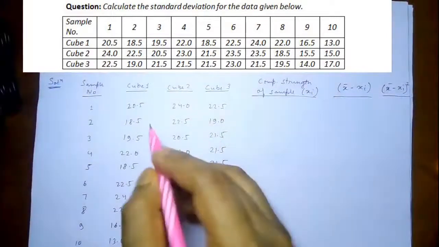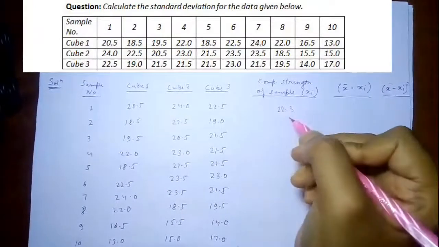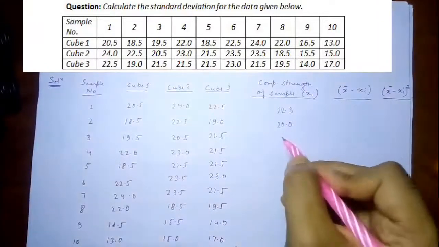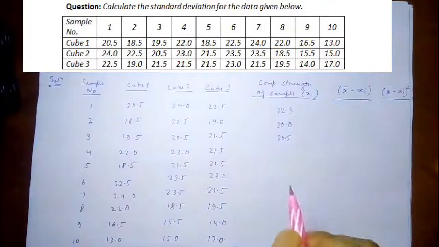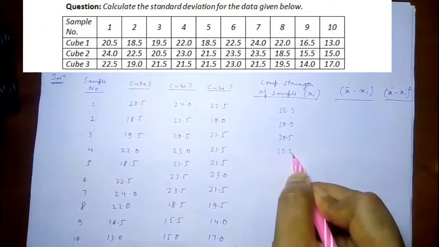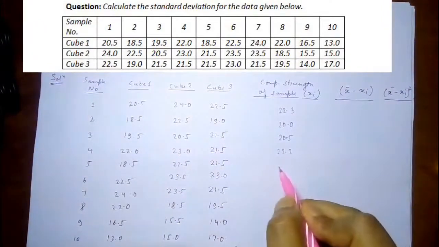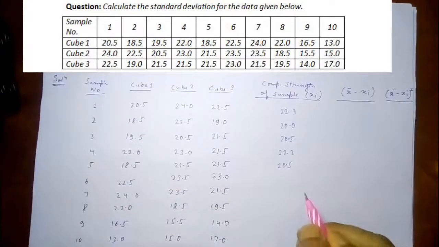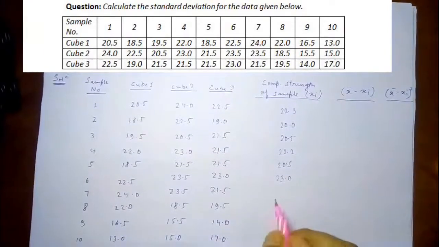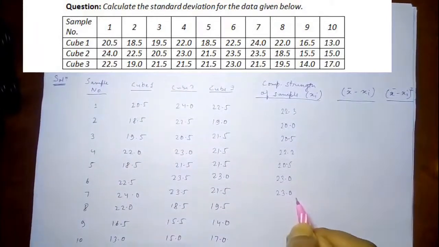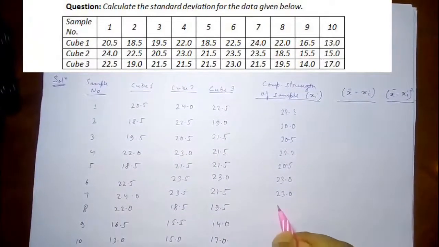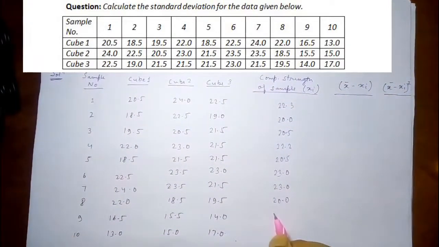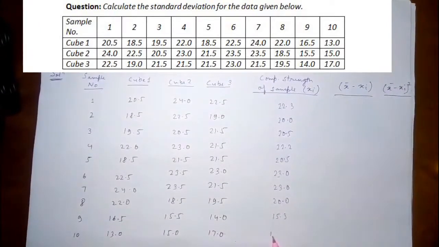So for the first one it will be 22.3, for the second one it is 20, the third one it is 20.5, fourth it is 22.2, for the fifth one it is 20.5, for the sixth it is 23, seventh is again 23, eighth is 20, ninth is 15.3 and the 10th is 15.